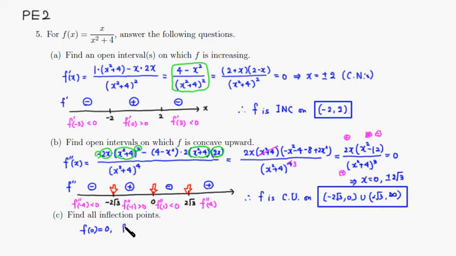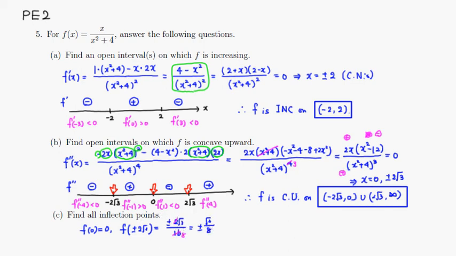And also we have to plug in plus and minus 2 square root of 3. If you do that, top is plus or minus 2 square root of 3, and the bottom would be 2 square root of 3 squared, or negative, is going to give you 12 plus 4, so it's 16. So it's a plus or minus square root of 3 over 8, because we can cancel 16 and 2.